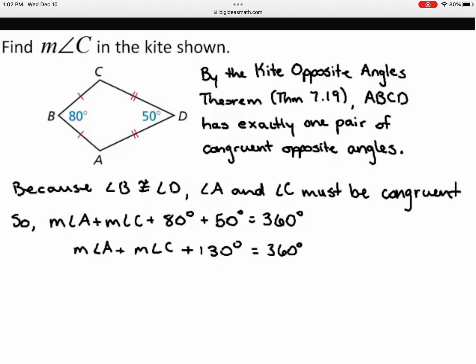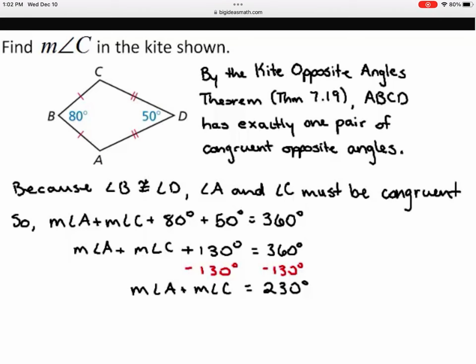Combining like terms on the left side gives the measure of angle A plus the measure of angle C plus 130 degrees equals 360 degrees. Subtracting 130 degrees from each side gives the measure of angle A plus the measure of angle C equals 230 degrees.